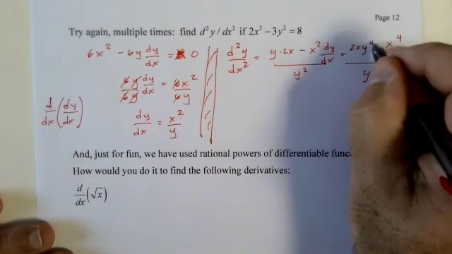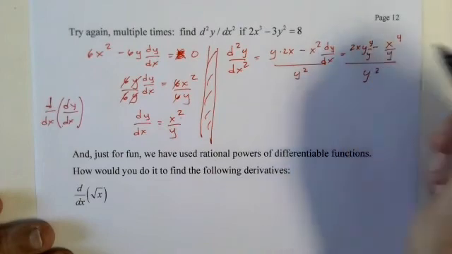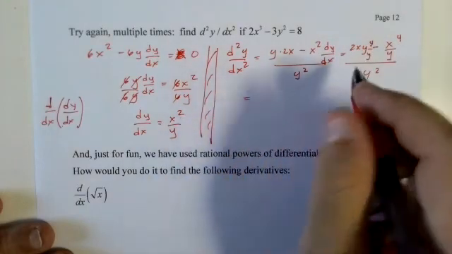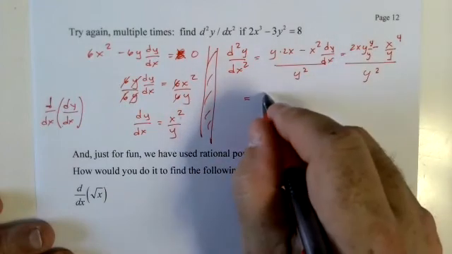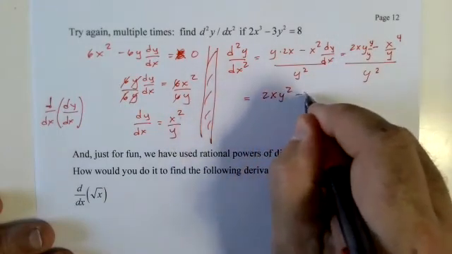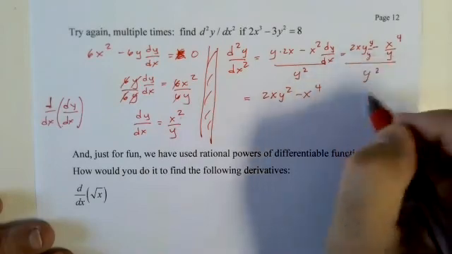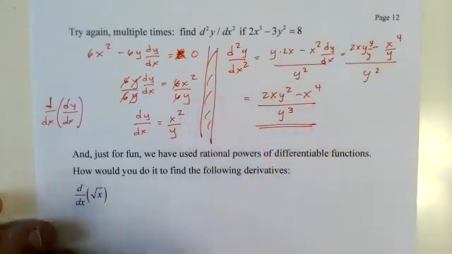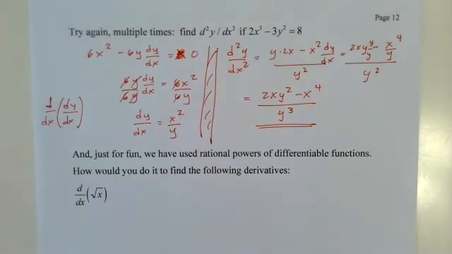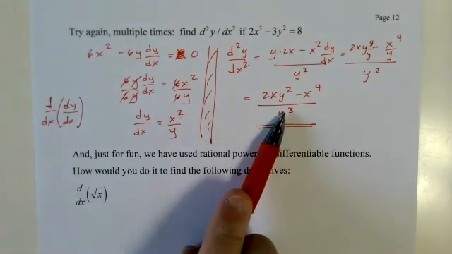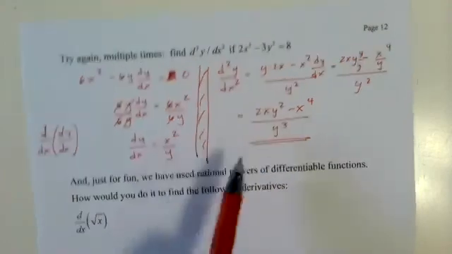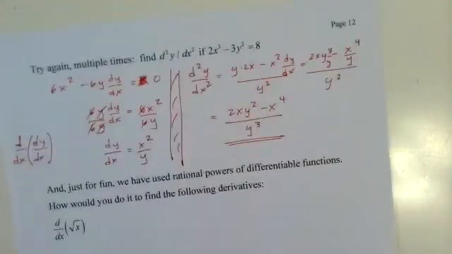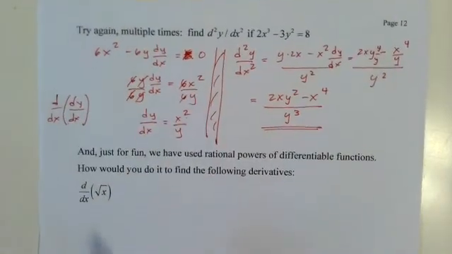We need another y over y here. Equals 2xy squared minus x to the fourth, extra y here, bring it down, y to the third. By the way, this freaks people out when I do this, so you better get used to it. It's not that hard, but a lot of people are just, oh, what just happened?